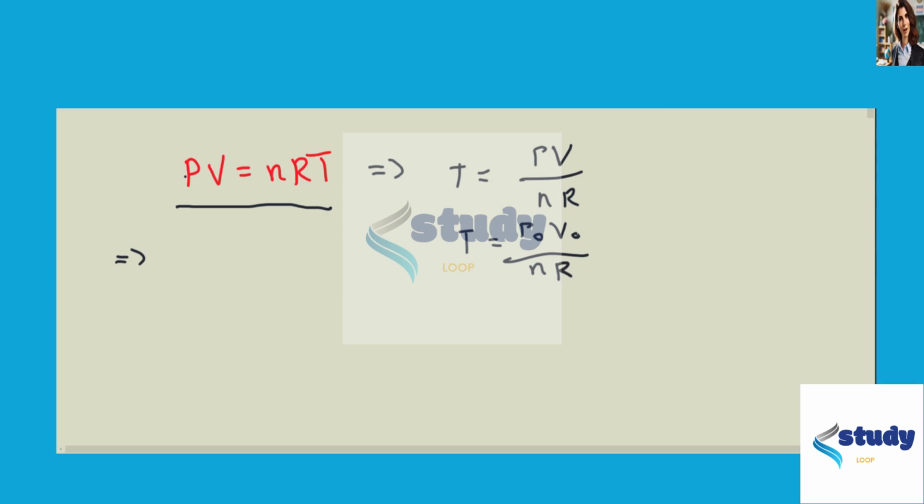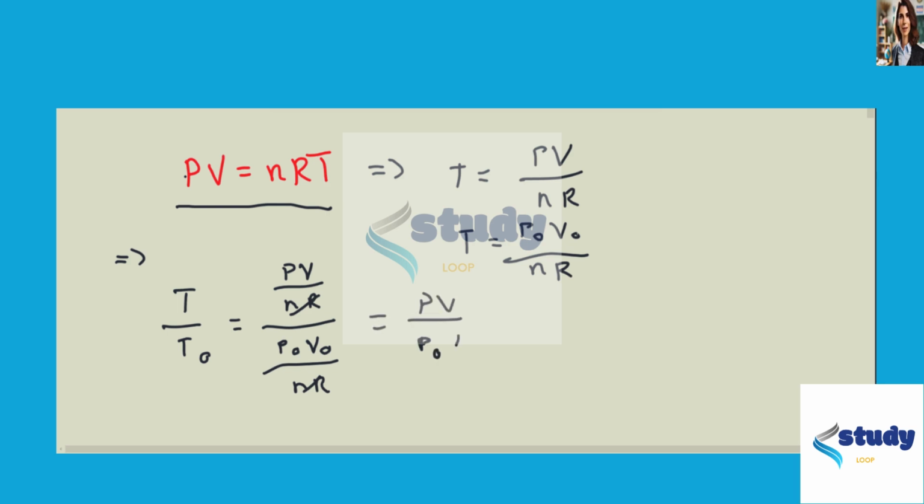So we can say that the ratio of T over T0 is going to be PV over nR over P0 V0 over nR. These parts will cancel out, and we have only PV over P0 V0.